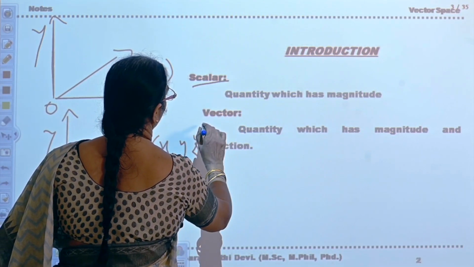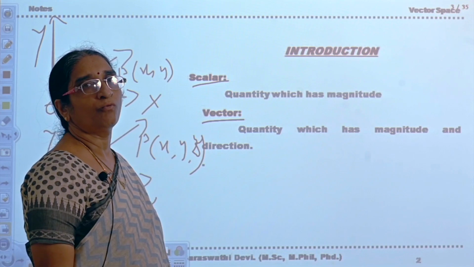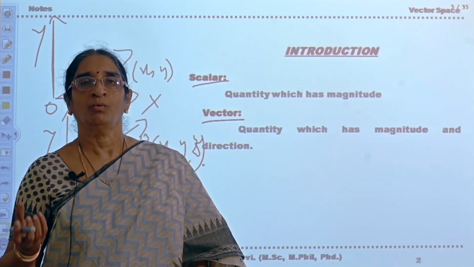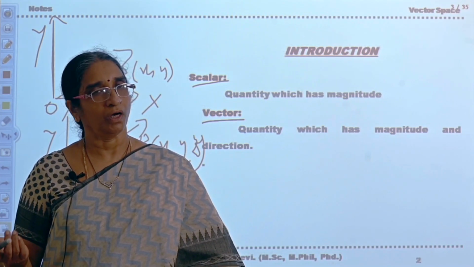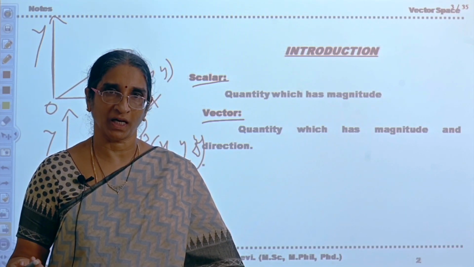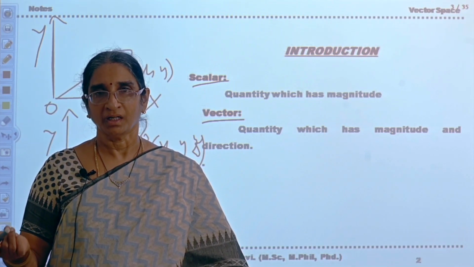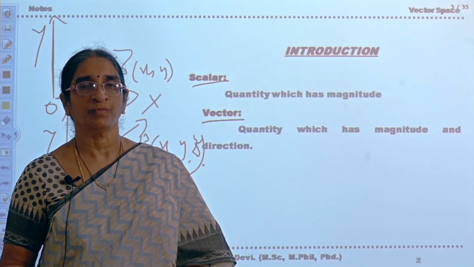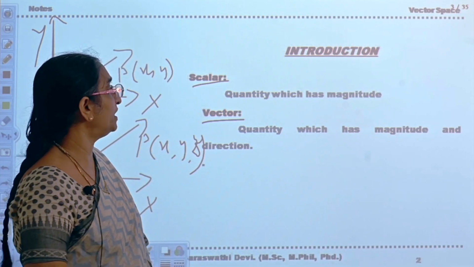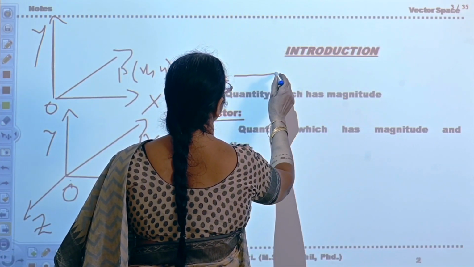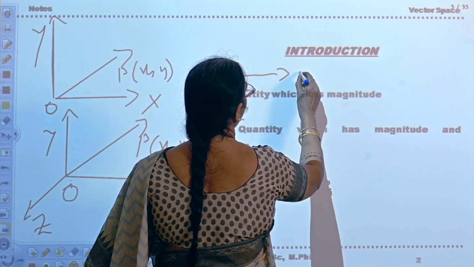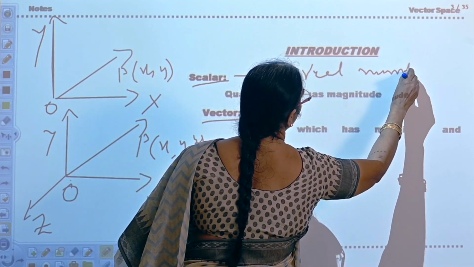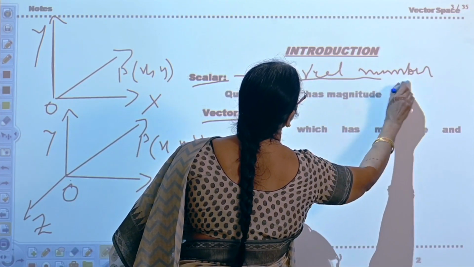At high school level we defined a scalar as a quantity which has a magnitude, and you have seen examples of scalar such as temperature, density, mass, distance, time, etc. Mathematically, a scalar can be treated as a real number.